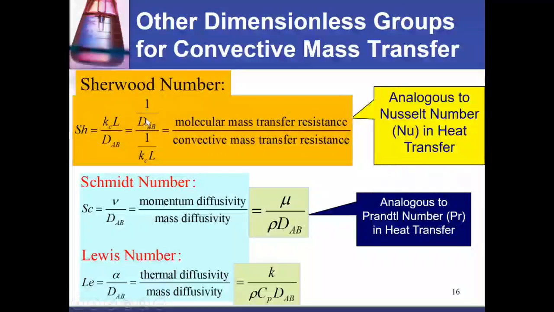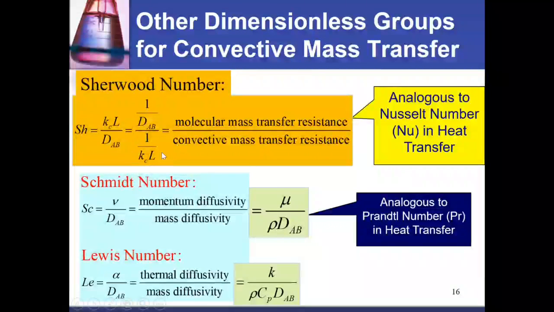And from chapter 25, this one I can put as 1 over DAB, because the denominator of a denominator goes to the numerator. So this will be 1 over DAB over 1 over Kc times L. From chapter 25, the reciprocal of DAB is called the molecular mass transfer resistance.